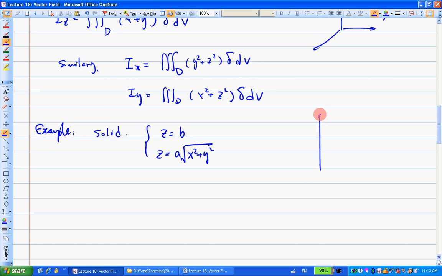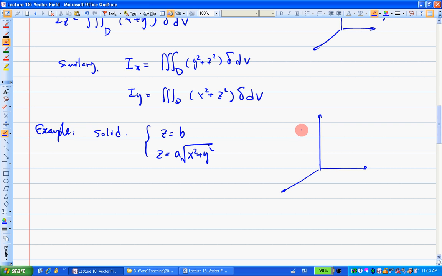So let me draw it here. What is z equals b? That's a plane. And what's z equals a times the square root of x squared plus y squared? We studied this in the last lecture. It's a cone. The value a basically determines how wide the cone is.